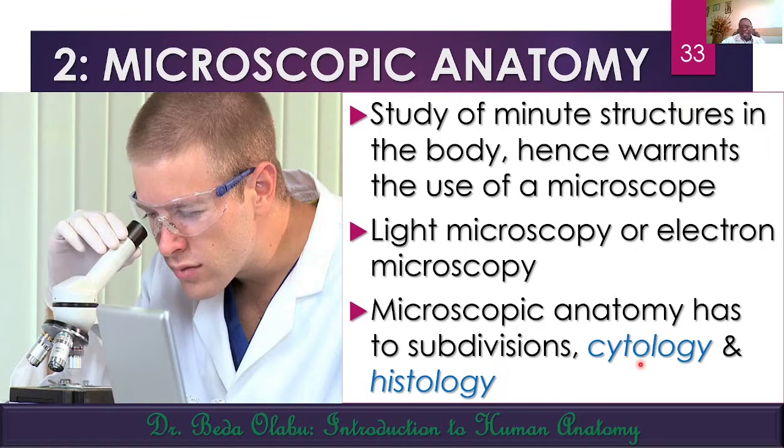And when we study cells, we go into greater details of cell biology. The best microscope that helps us to study cells is actually the electron microscope. You can still study cells using light microscopy, but the best one that helps to study cells appropriately is the electron microscope.